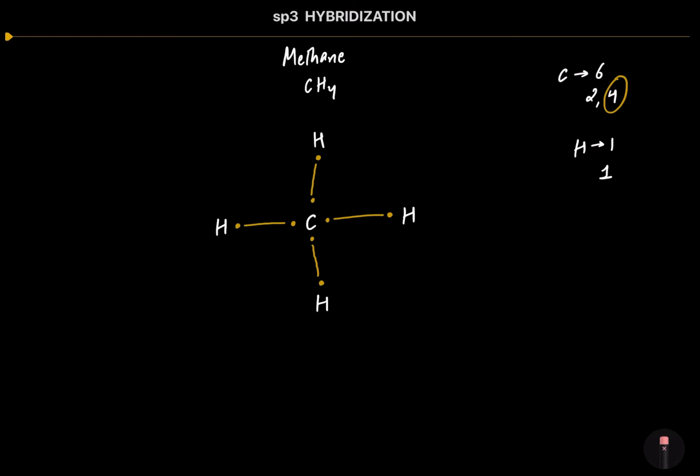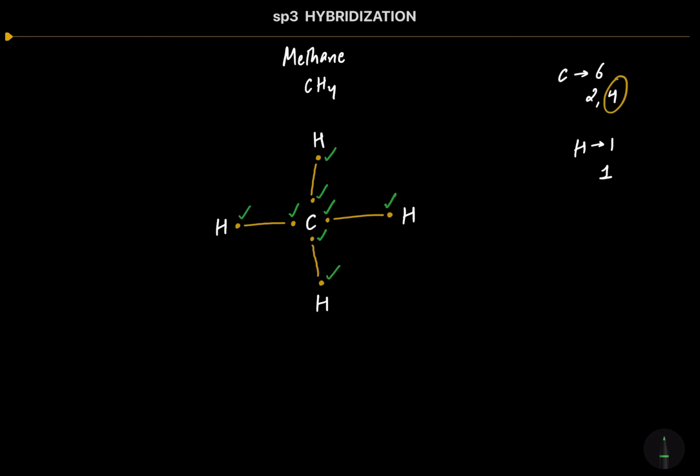Now let's talk about the carbon. I'm going to count the number of valence electrons of carbon after the formation of 4 bonds with the 4 hydrogens. So that's number 1, number 2, the third electron, fourth electron, fifth electron, sixth electron, seventh electron, and the eighth electron.